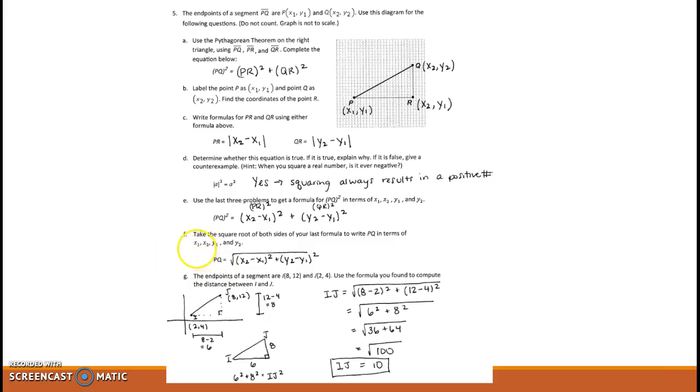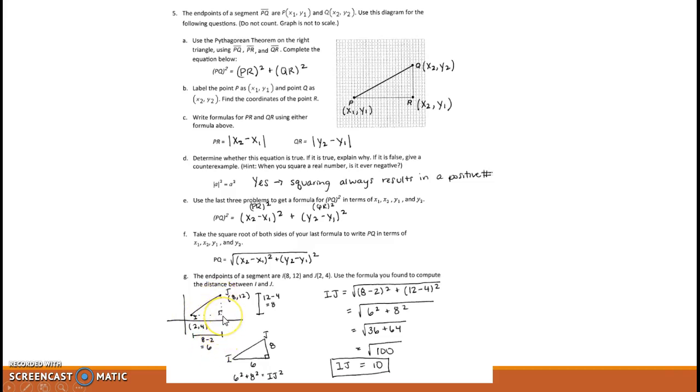In part G, we're applying the distance formula given these 2 points, I at 8, 12 and J at 2, 4. Notice we don't have to memorize this formula. If we can remember that we're applying the Pythagorean theorem, which is what I have done on the left side here, draw my right triangle, I can think about what is the length of this segment. Well, I know this horizontal segment, I'm going to be focusing on my x-coordinates. 8 minus 2, that's 6.